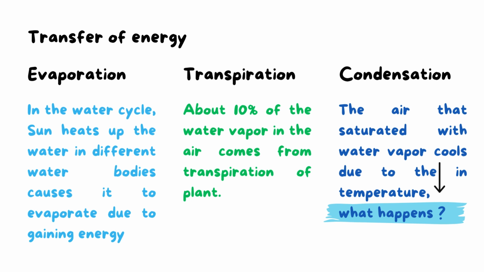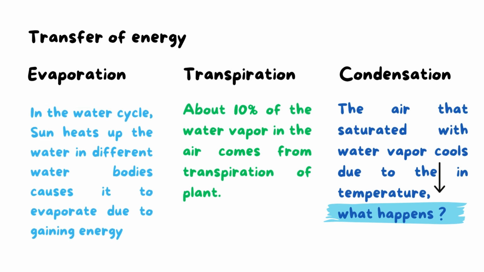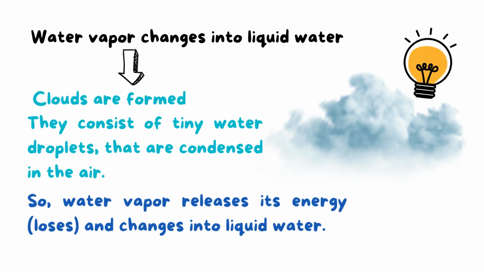Due to the decrease in temperature, water vapor changes into liquid water, and clouds are formed. They consist of what? Tiny water droplets that are condensed in the air. So water vapor releases or loses energy and changes into liquid water.